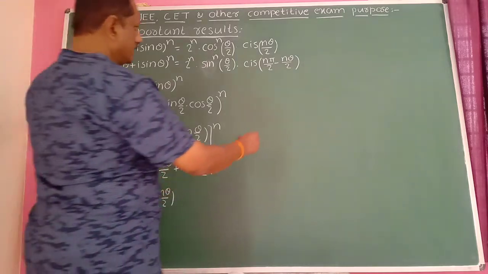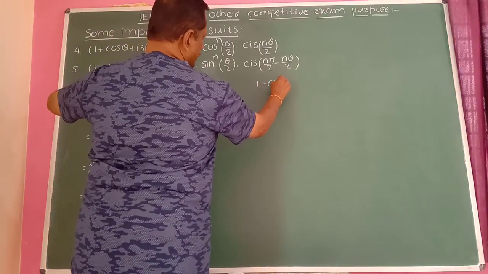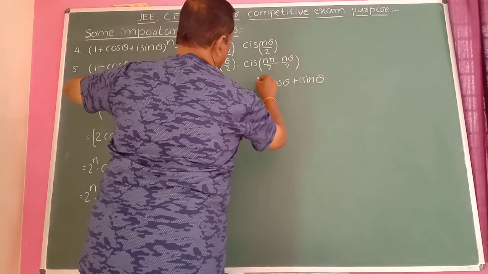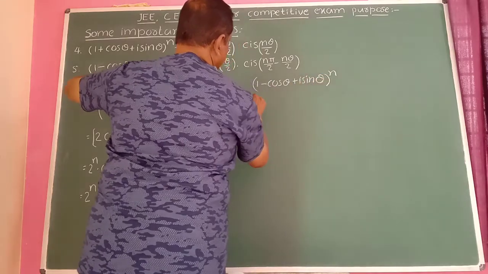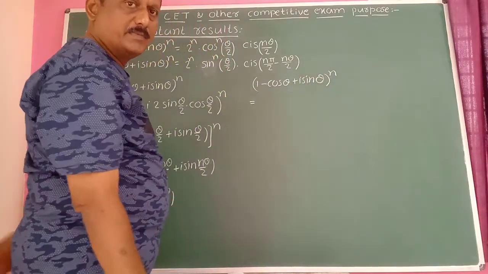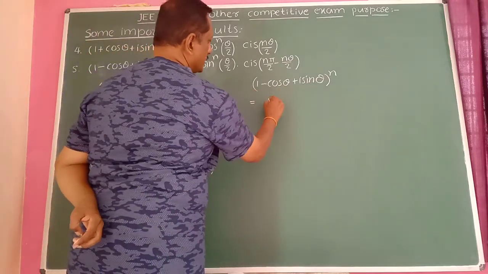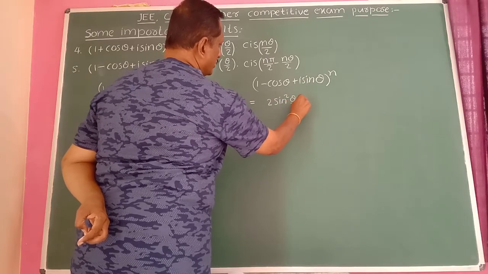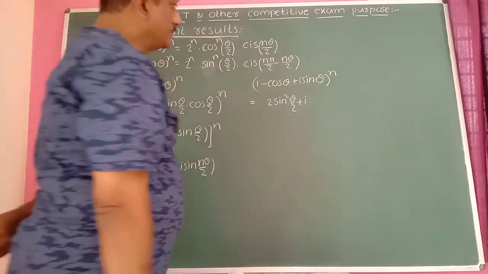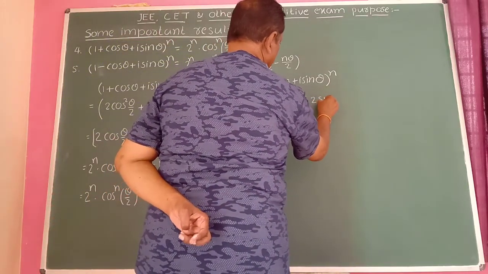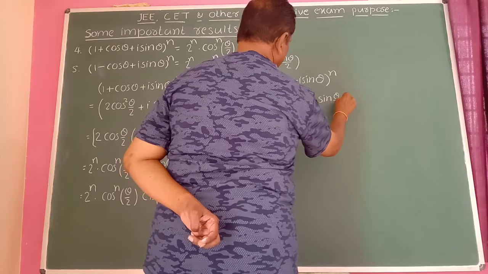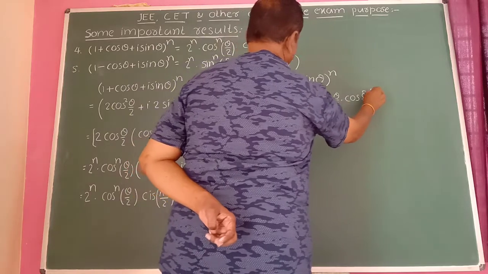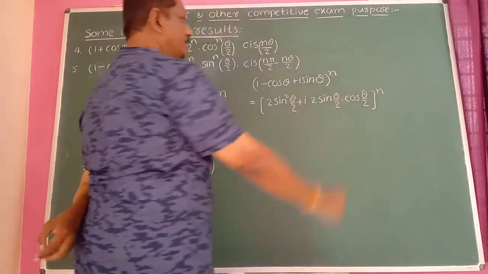Similarly, if you take this result here, (1 minus cos theta plus i sin theta) whole raised to n is equal to, again using the submultiple angle formula, 1 minus cos theta is 2 sin square theta divided by 2, plus i into, and the sin theta formula is 2 into sin of theta divided by 2 into cos of theta divided by 2, this whole raised to n.